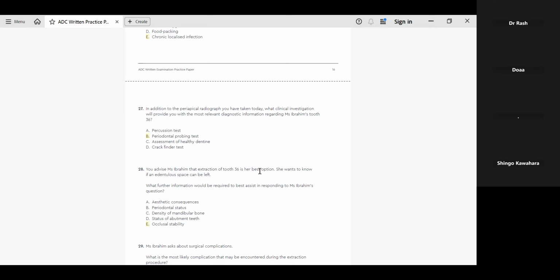What further information would be required to best assist in responding to Miss Ibrahim's question? Occlusal stability, which means if she has sufficient units that can be considered if the patient wants to have the edentulous space left like that without replacement of the tooth if extraction of tooth 3-6 is done.